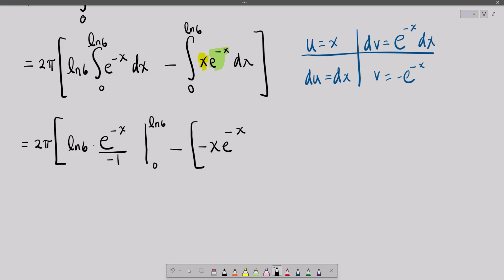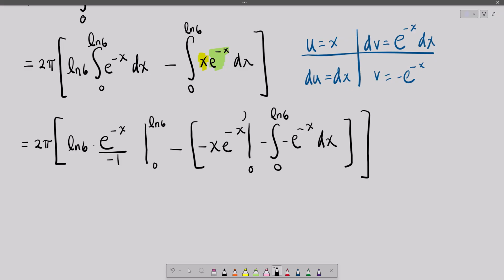So uv minus the integral of v du. Okay. Then that bracket, and then 0 to natural log of 6. And then in here, we also have a 0 to natural log of 6. We have all that. So a lot of brackets when you pull the constants out with integration by parts.